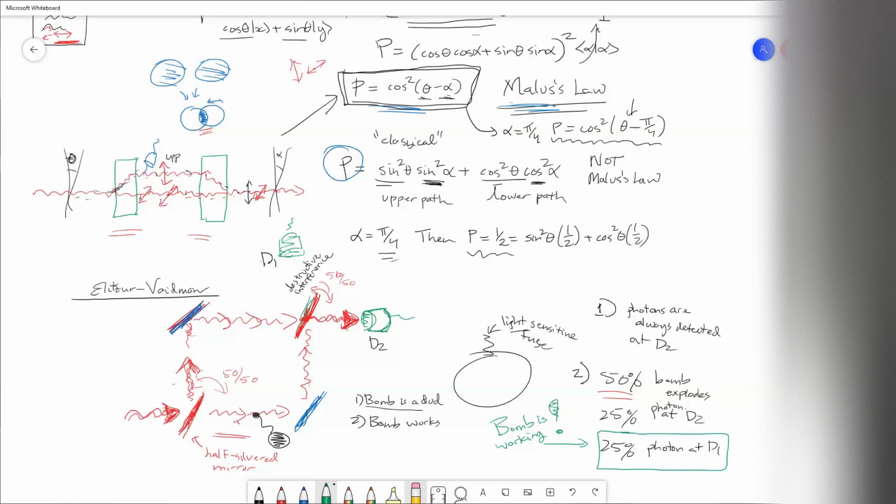You can actually fancy this up and get to an arbitrary efficiency. So this is not a very good detector because half the time the bomb explodes if it's a working bomb, so that's not very good. But you can make fancier versions of this where you put the fuse in an optical cavity, and you can get efficiencies of 99%, where only 1% of the time the bomb explodes.